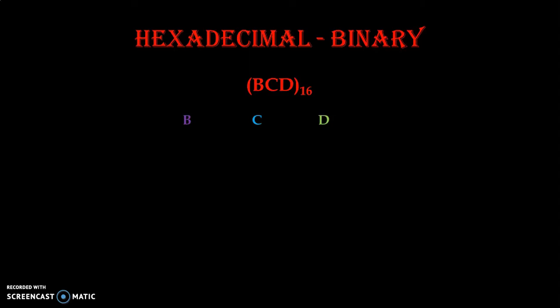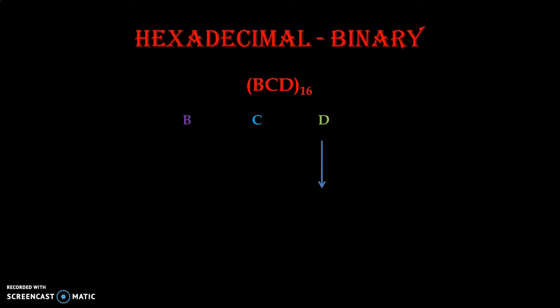Now for each individual hexadecimal digit, we have to write equivalent binary number in group of 4 bits. 4 bits is compulsory, right? So for D, we know that A, B, C, D, E, F are 10, 11, 12, 13, 14, 15.